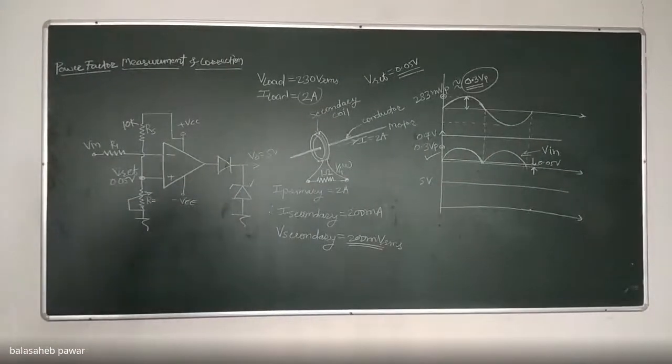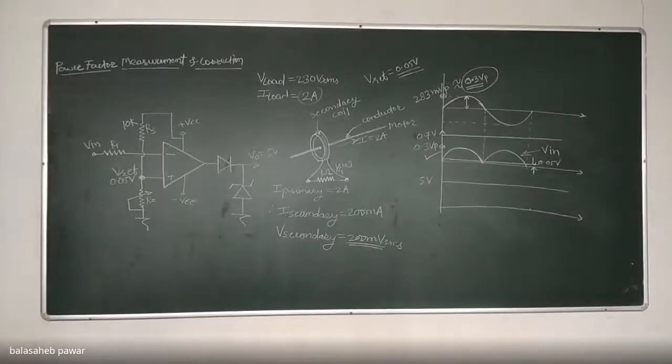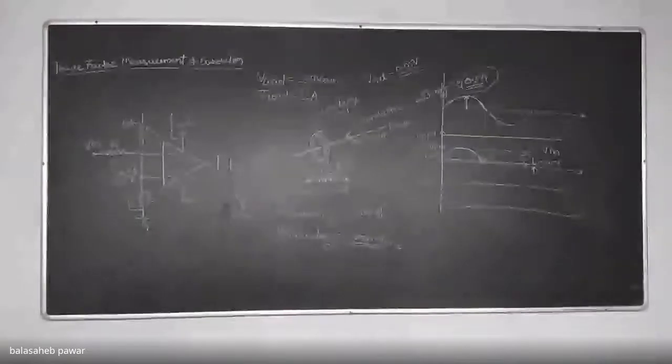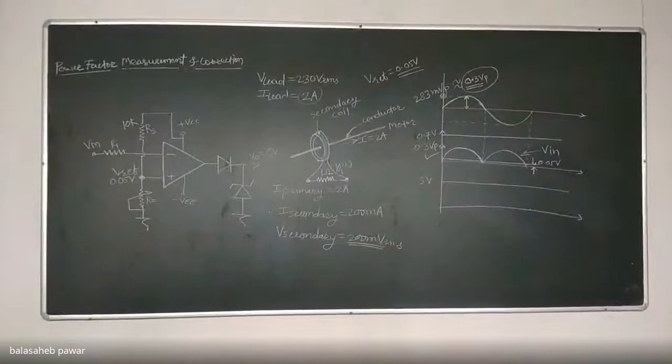Just let me know the answer from your side. First, 0.05 equals VCC, that is nothing but 12 volt, times R divided by R plus 10K.